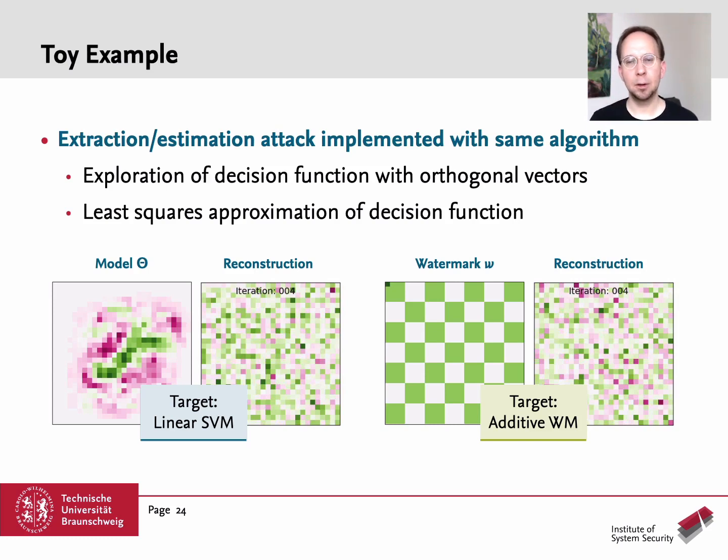If you remember one of the first parts of your math studies, if you have a linear system and you throw orthogonal vectors at the linear system and you get the output, you are constructing an orthogonal basis.